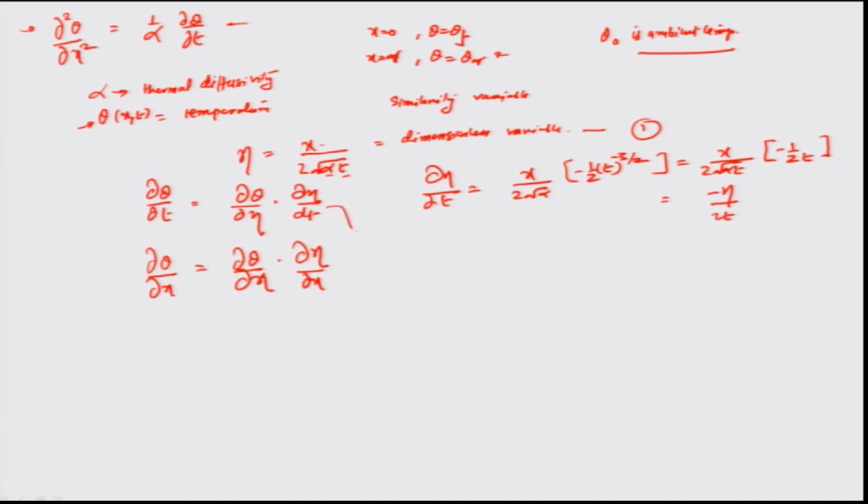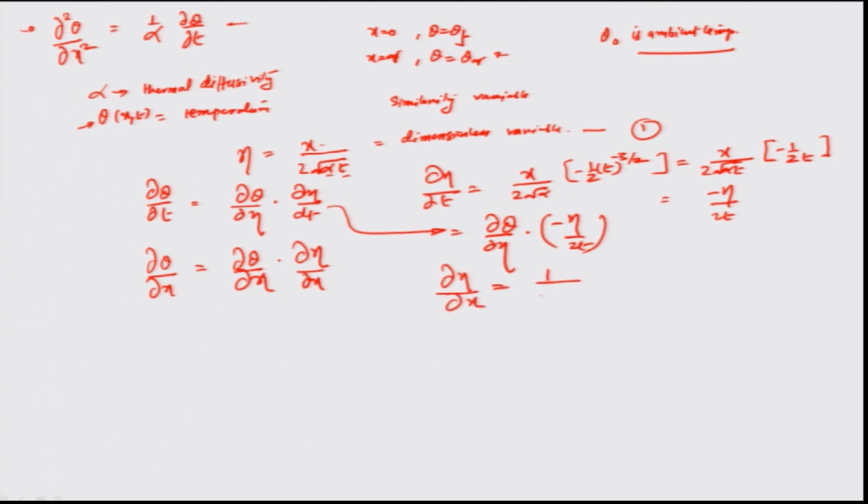So, in other words, this expression right here changes to del theta by del eta times minus eta by twice t. Similarly, we would like to find out the expression for del eta by del x.